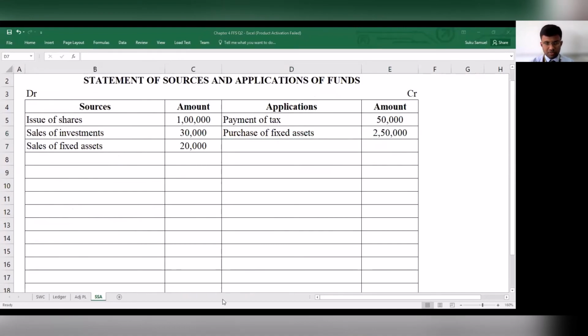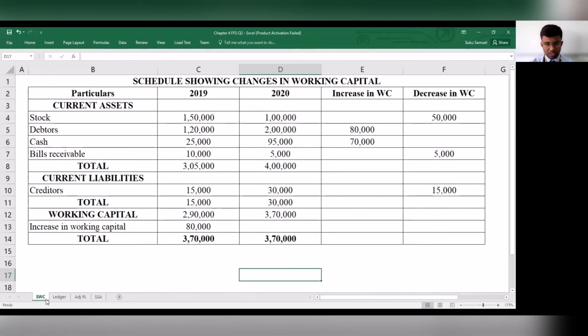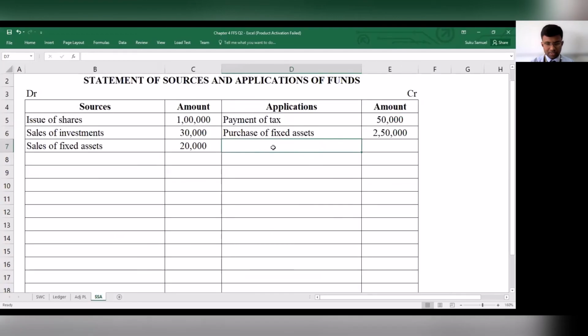Then we have to bring in the increase in working capital. So let's see how much it is. Increase in working capital is 80,000, and that has been considered.